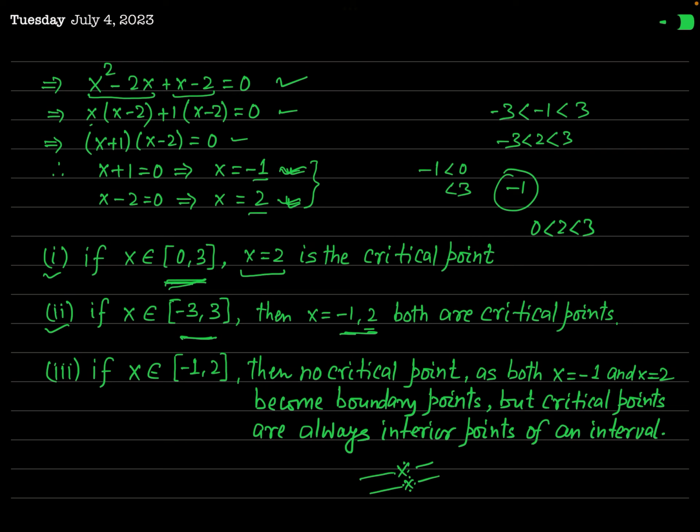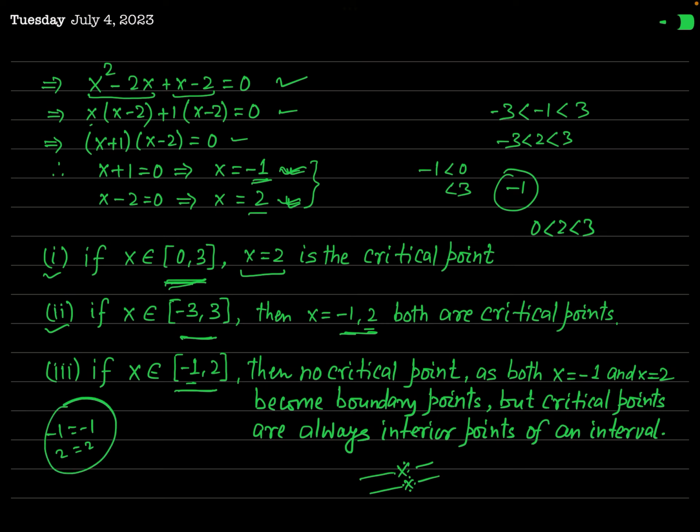Now let us see the third interval given in the problem. The third interval is x belongs to [-1, 2]. You can see our values of x after equating f'(x) = 0 are -1 and 2. So this -1 is the lower boundary of this interval, and 2 is the upper boundary.